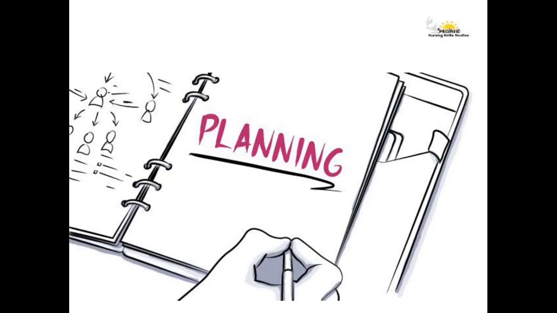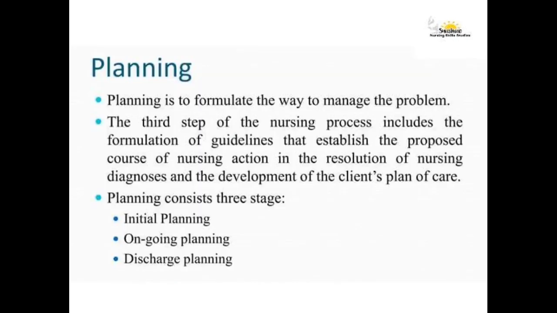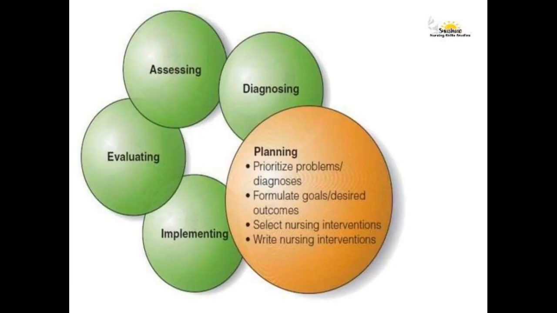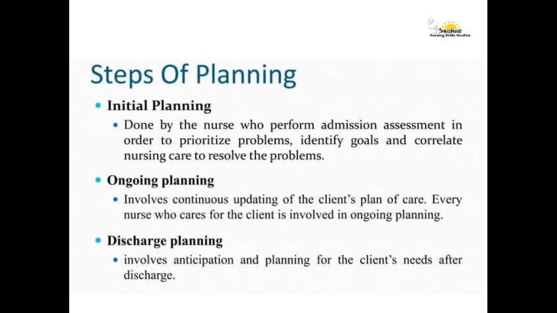The next step is planning. What is this planning? How does the planning help a nurse to manage the problem? The planning consists of 3 stages: initial planning, ongoing planning, and discharge planning. This planning is nothing but, as we already know, that we need to plan starting from the basic needs.